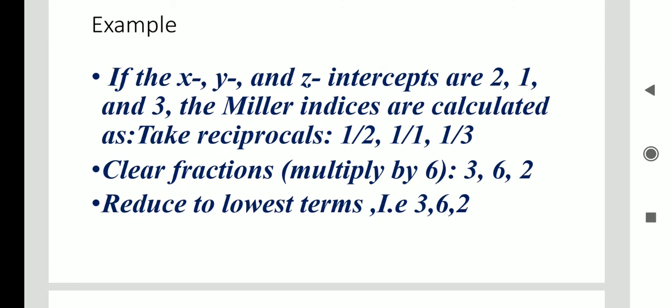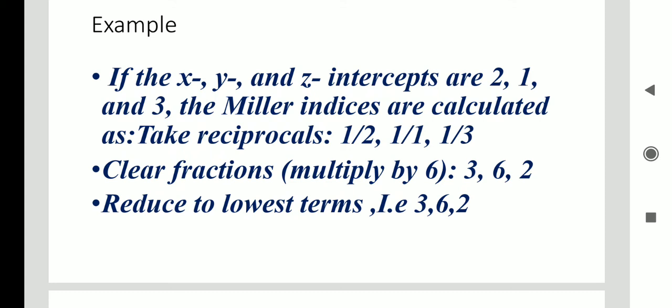For example, consider x, y, z intercepts are 2 1 3. The Miller indices are calculated like this. First we take the intercepts into reciprocal form.